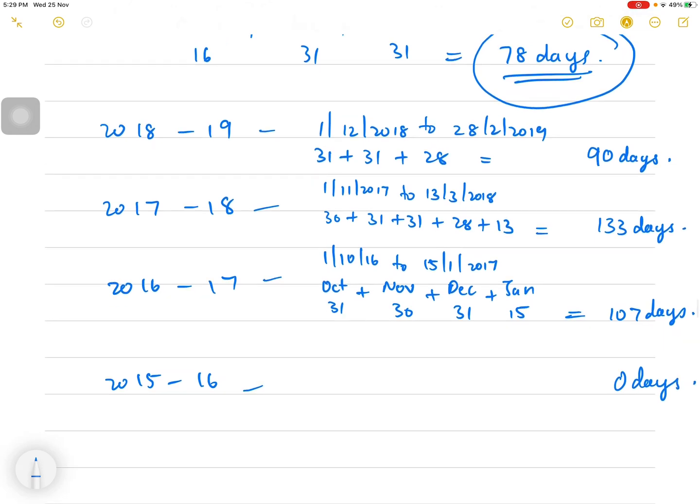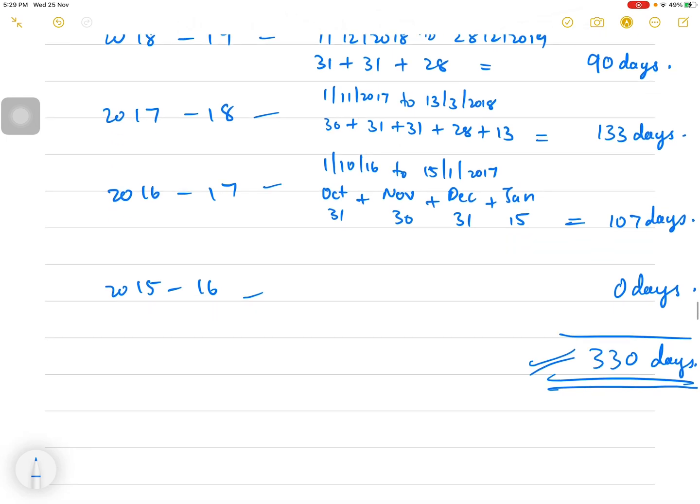So the total here during 4 years preceding the previous year is 330 days. Right? So this is less than 365. Therefore, he does not satisfy the second basic condition also. So he is non-resident.